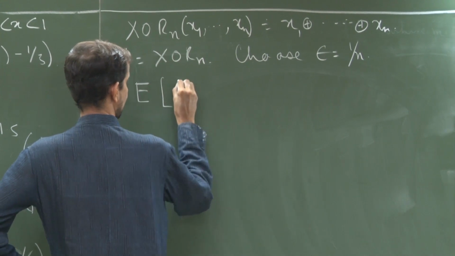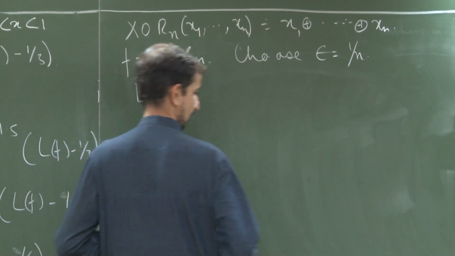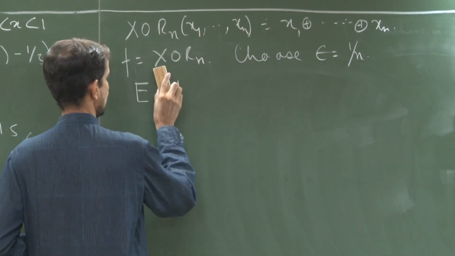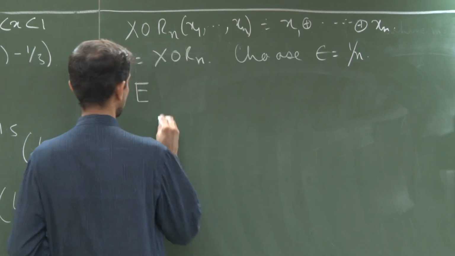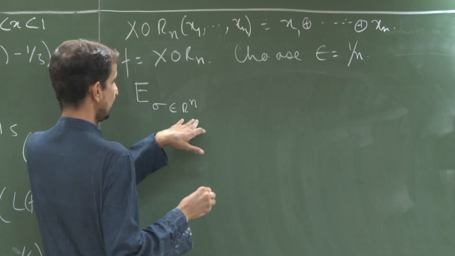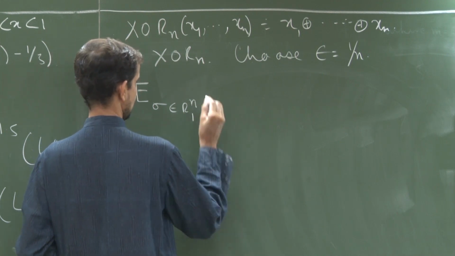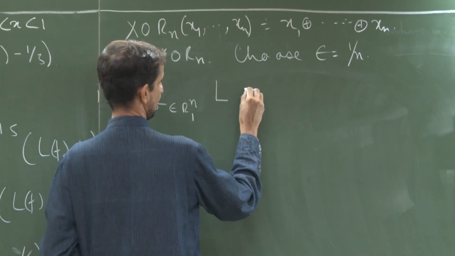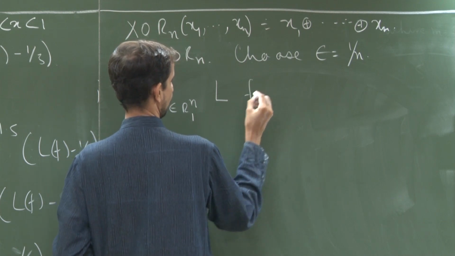Expected value of L of f sigma, with sigma chosen from R n, epsilon n is now 1.